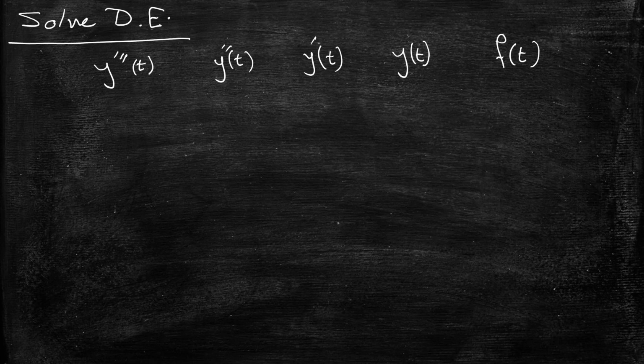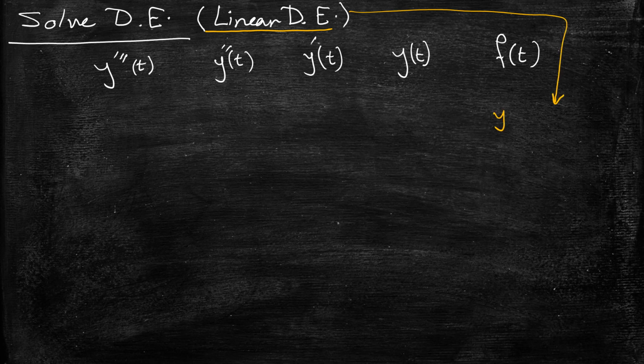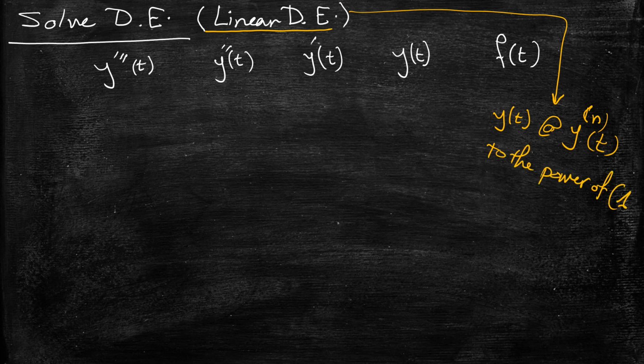Something to notice at the beginning: the Laplace transform can be applied just for solving linear differential equations. What do we mean again by a linear differential equation? It means all terms of y of t and its derivatives will be to the power of 1.